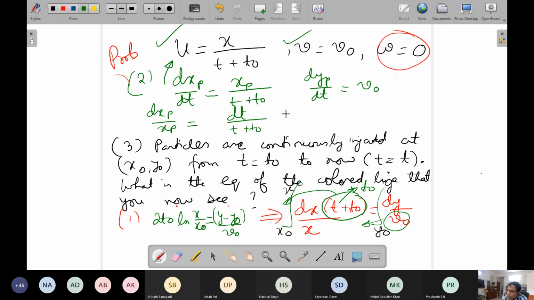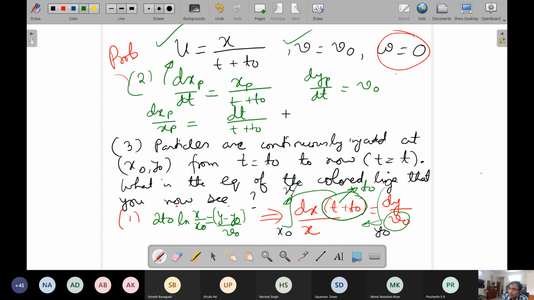And you have to choose a time. The only thing is that at time equal to t0, it passed through x0, right?